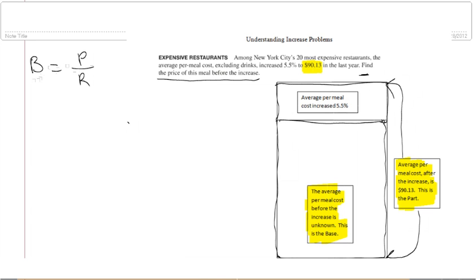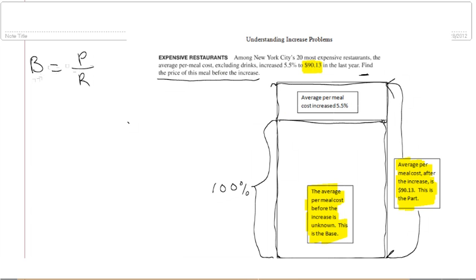So if the lower portion here represents the base, and the base we always think of as the whole, then we're going to associate 100% with this lower rectangle.